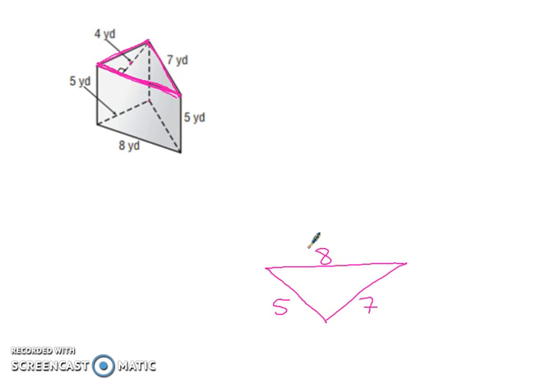So now I'm going to continue to draw. So remember, here's my triangle. So I need a rectangle. I need 3 rectangles, 1 rectangle from each part of the triangle. So this 5 is going to be right here. And this 7, that folds here. Whenever you fold this together, these two will come together and these two will come together. Now I need the length that is connecting the triangles.